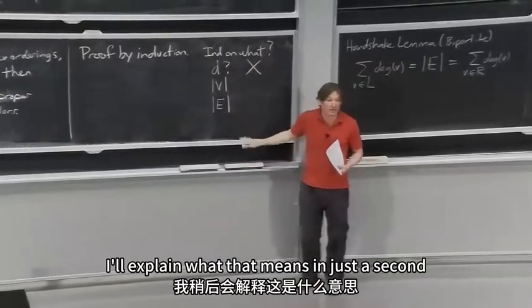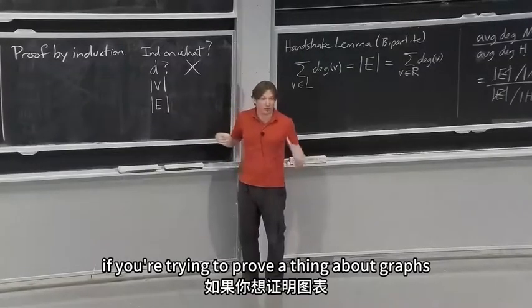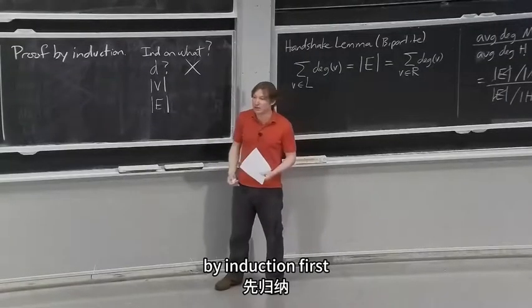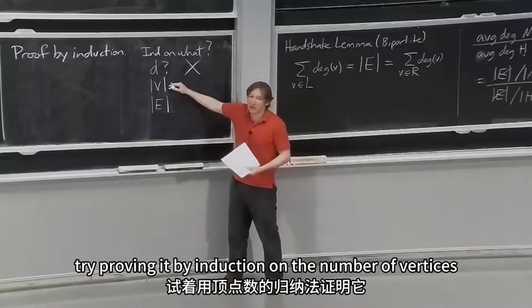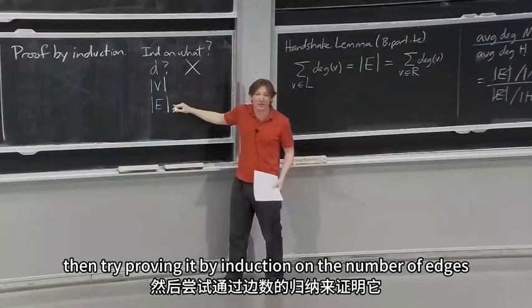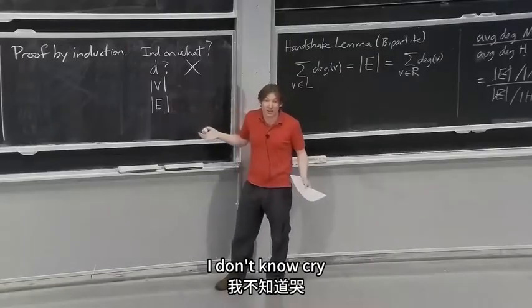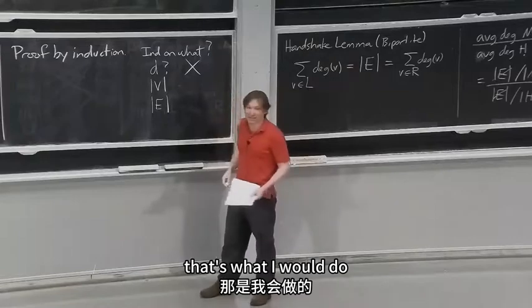I'll explain what that means in just a second. But these are going to be your best friends. If you're trying to prove a thing about graphs by induction, first try proving it by induction on the number of vertices. Then try proving it by induction on the number of edges. If both of those don't work, I don't know, cry. That's what I would do.